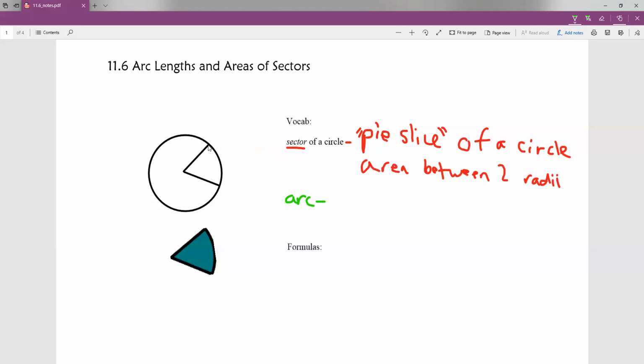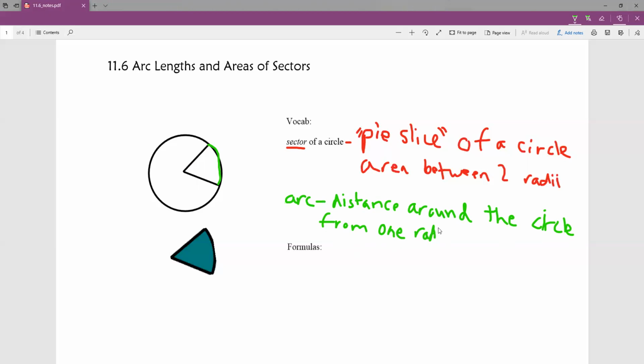It is the distance around the circle from one radius to another. So that's what an arc is.